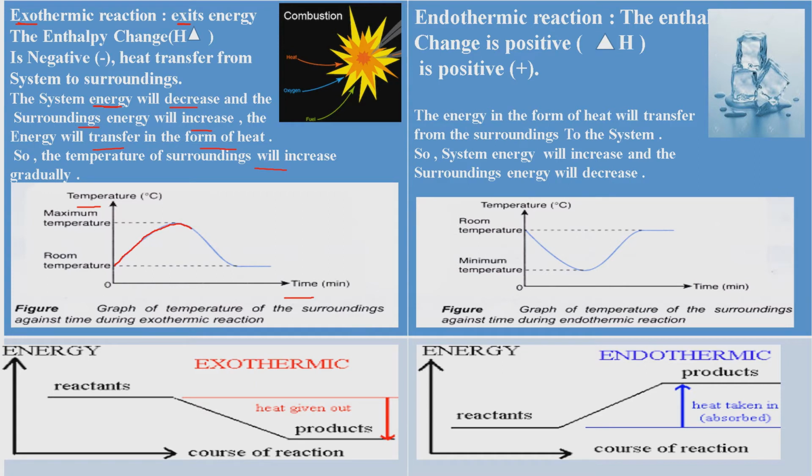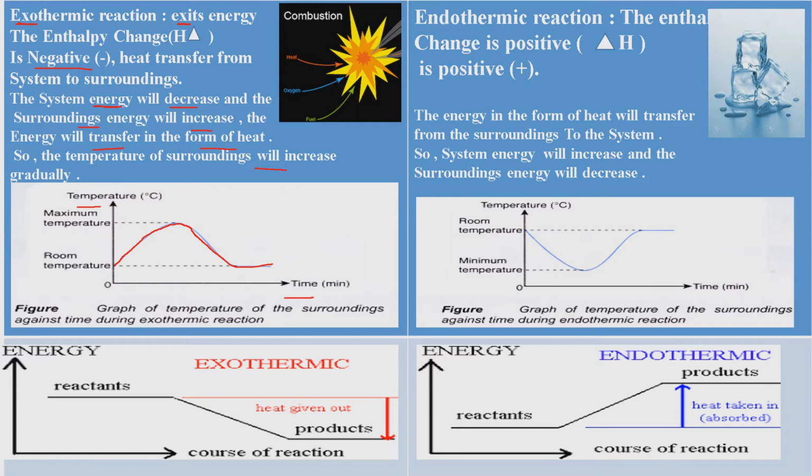Then the temperature will decrease directly to reach our initial temperature. The total energy change in an exothermic reaction, delta H, or enthalpy change, the change in heat content, is usually negative. Heat transfers from the system to the surroundings.